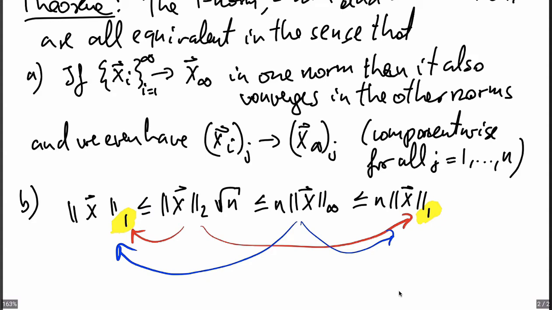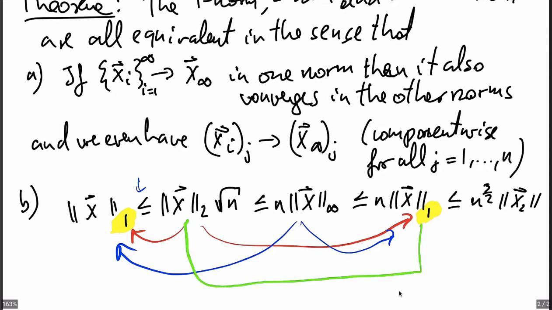But then if we continue and substitute this inequality for the one norm with the two norm, we get that this is less than or equal to n to the 3/2 times the two norm. And because of this, the one norm can also be estimated with the two norm from below and from above.